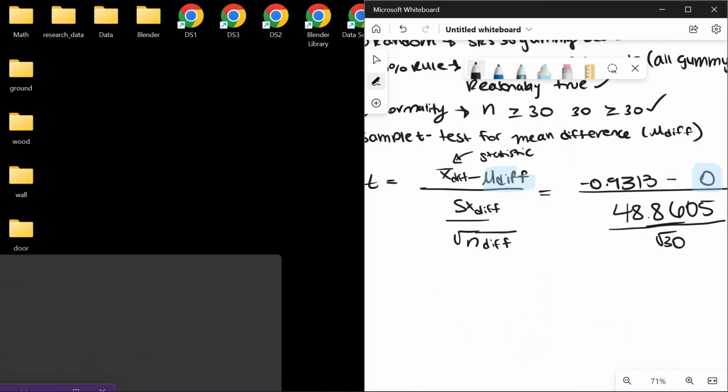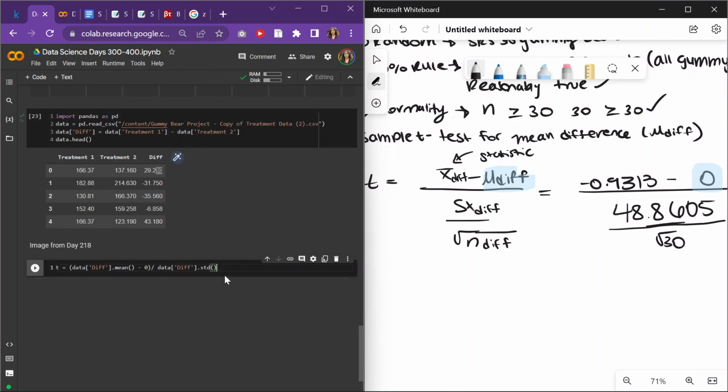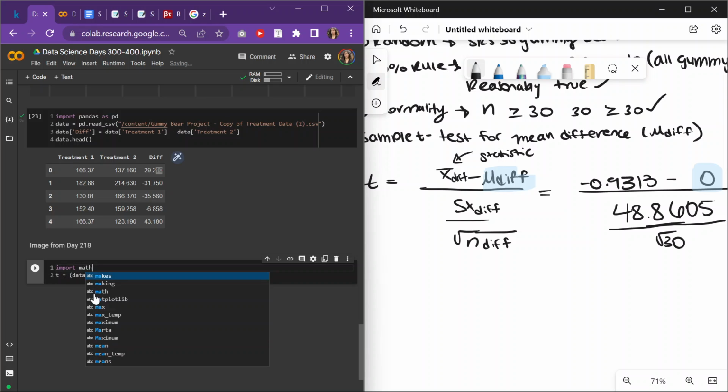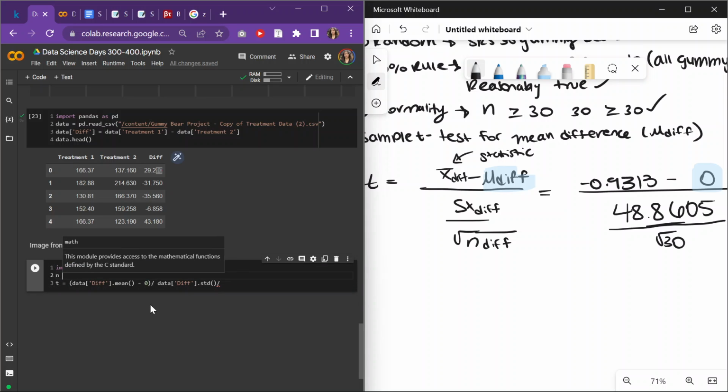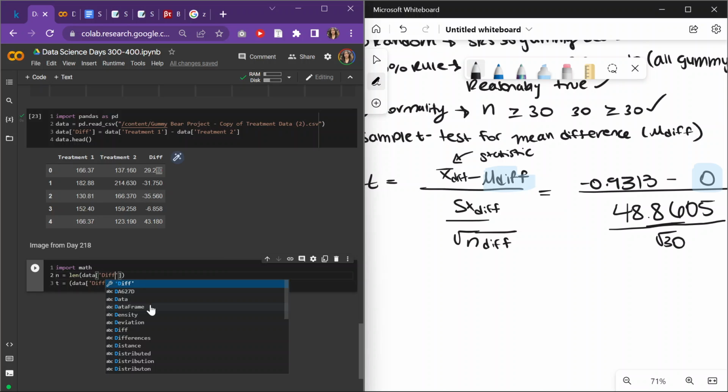So, what was I going to say again? I forgot. Oh, you divide by NDiff. So let me do something real quick. I'll import math just so I can use the square root function. N is going to be equal to the length of data diff.